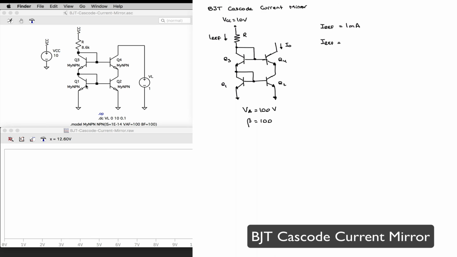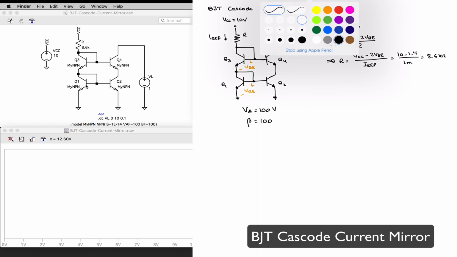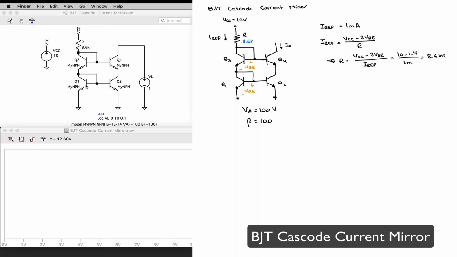IREF is again going to be equal to VCC minus 2 VBE, because we have one VBE drop across transistor Q1 and another VBE drop across transistor Q3, divided by R. Therefore, R is going to be equal to VCC minus 2 VBE divided by IREF, or 10 minus 1.4 volts divided by 1 milliamp, which is 8.6 kilo ohms again. And so I'm expecting that my output current will be approximately 1 milliamp.